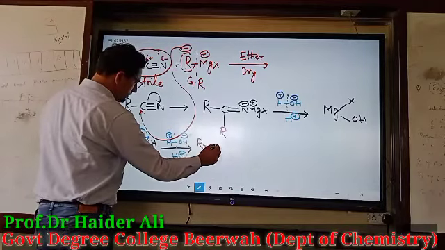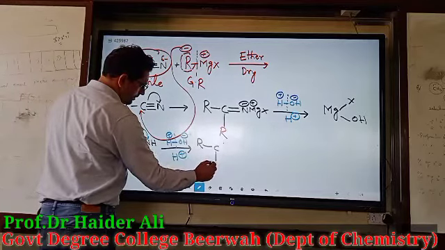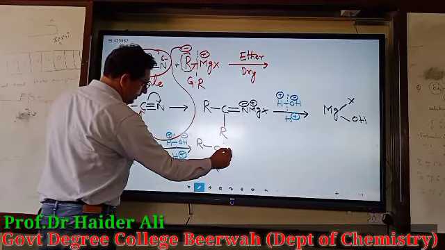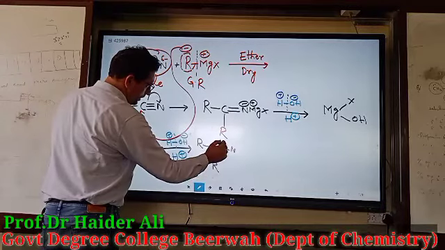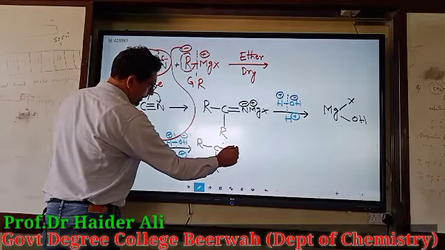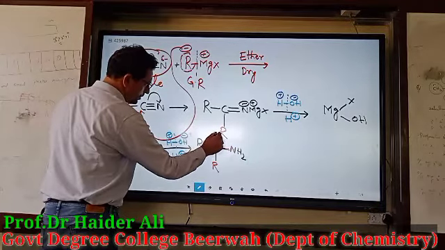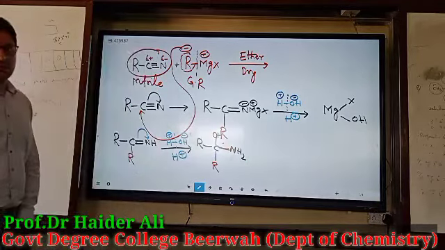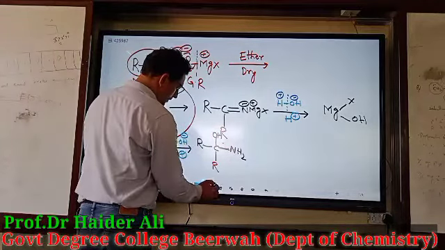R, C, and this is R here. Now this will be single bond and NH2. Fine. And what will come here? OH. You got it? So finally, what will happen?